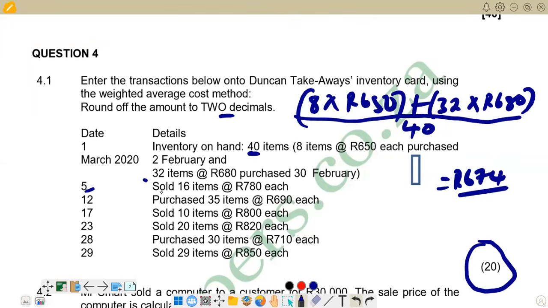Sold 16 items at 6,708. We are now selling, so we are not concerned about this value per unit. We are concerned with the average that we calculated earlier. So we are not going to use this one. We just take the 16 items, and then we use the value of 674 that we calculated earlier.